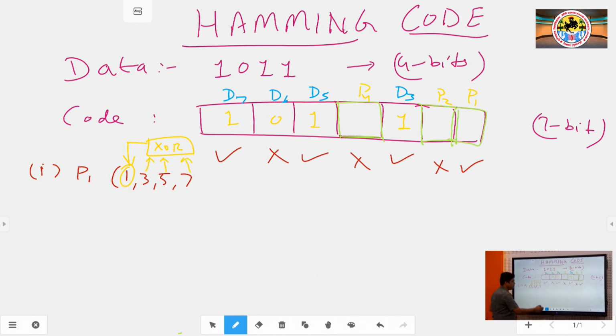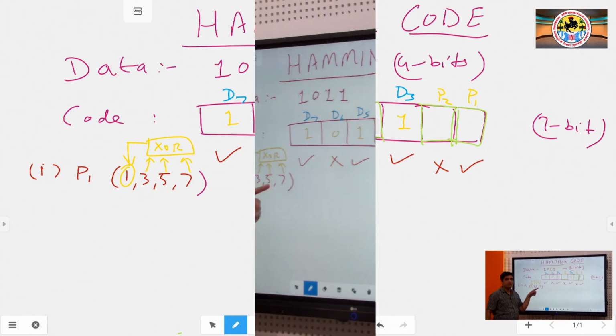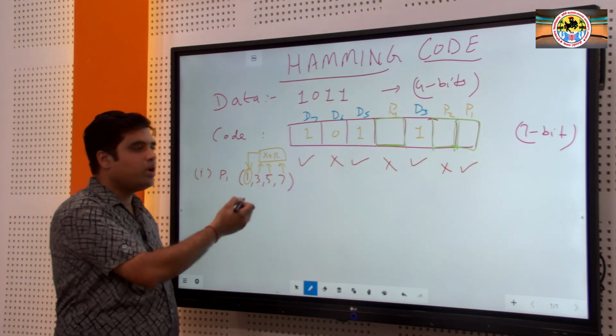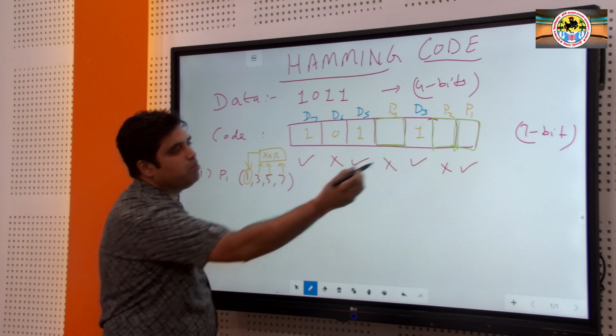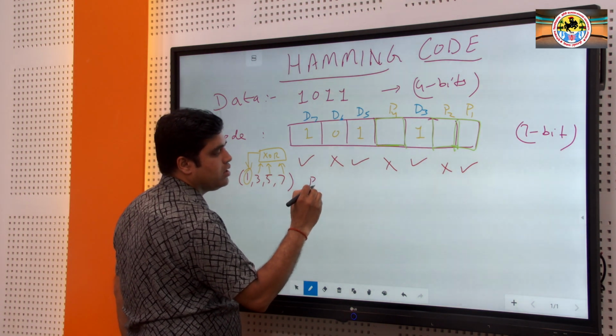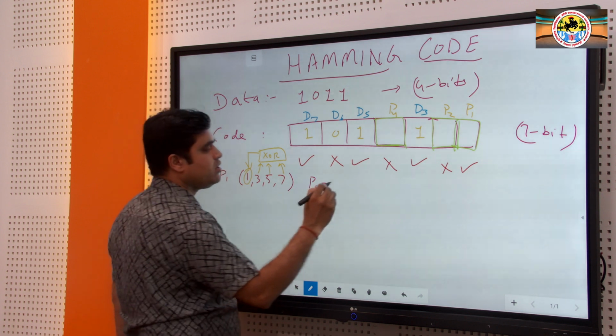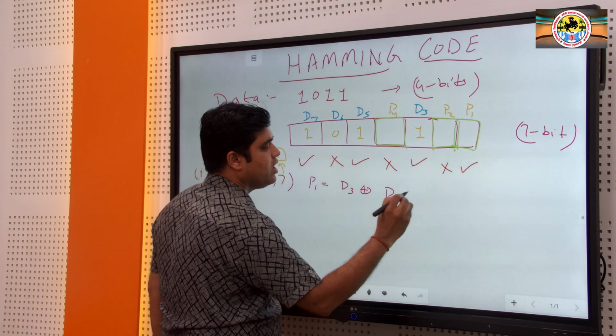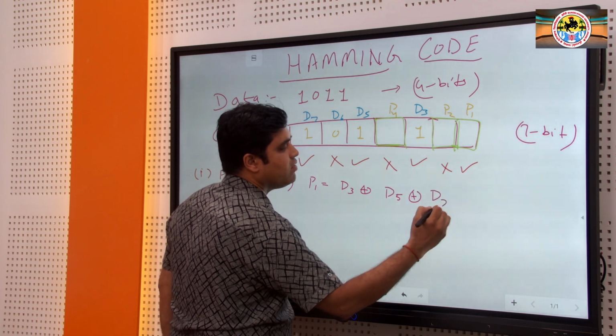Here we take the data from bit 3, bit 5, bit 7, XOR them all and put the result into the bit 1 location. So, P1 is equal to D3 XOR D5 XOR D7.